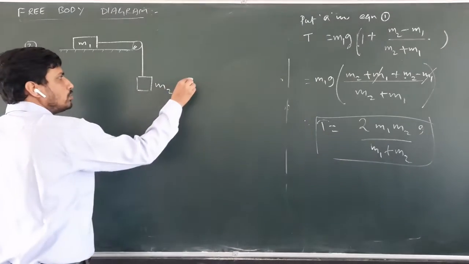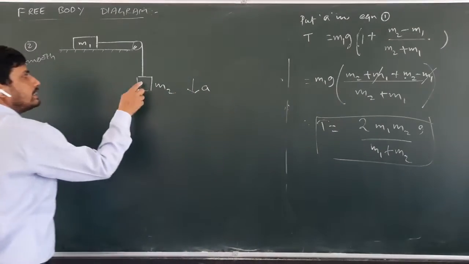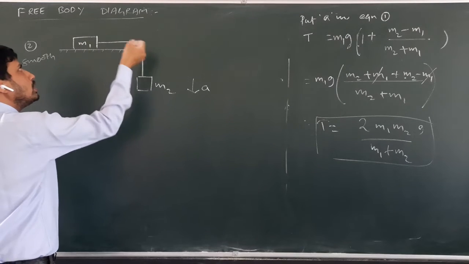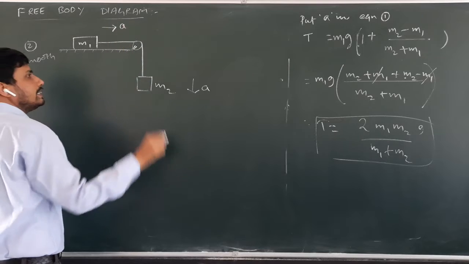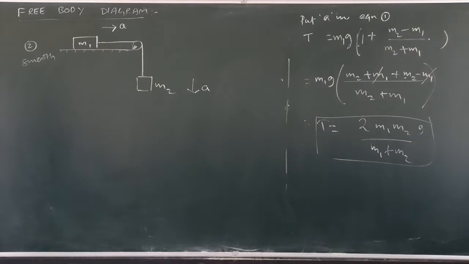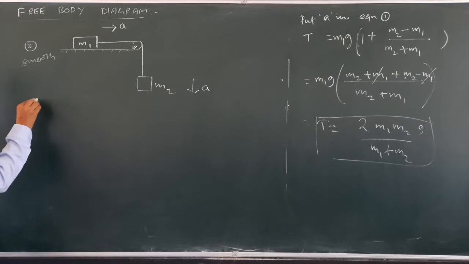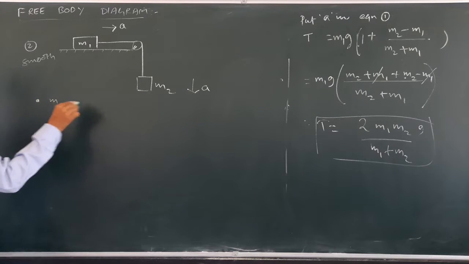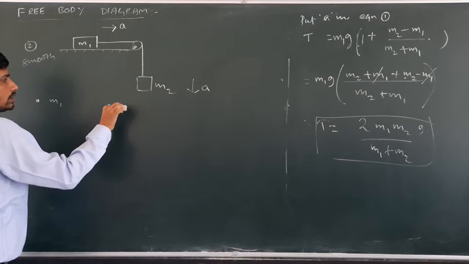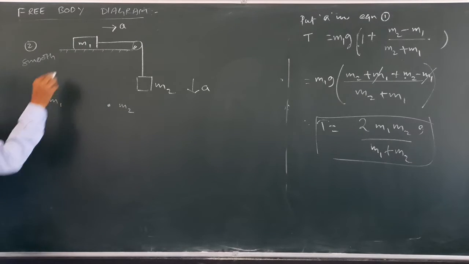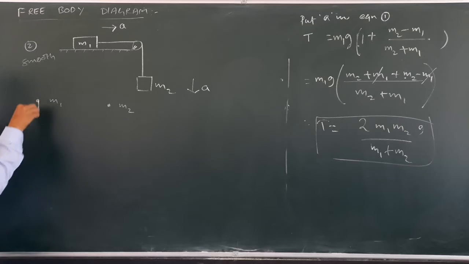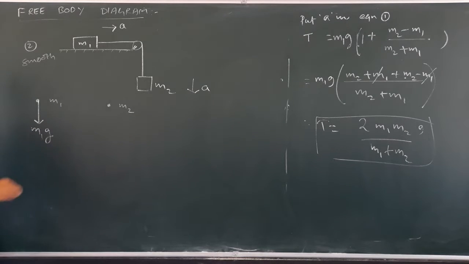So this will obviously move down, and this is attached to this string, so string will pull this mass towards right, so it will move to the right with same acceleration a. So let us draw the free body diagram for m1 and m2. First m1. On m1 there is a force due to gravity in downward direction, that is m1 times g.